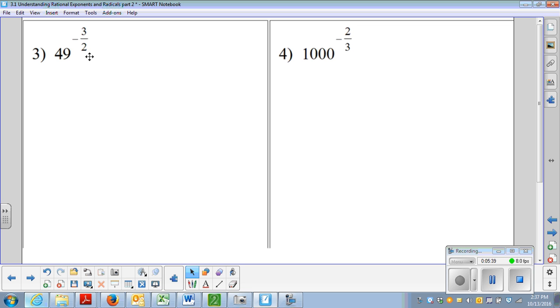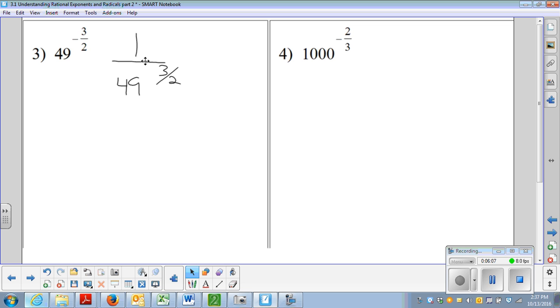Okay, so the first thing we want to do is rewrite the expression, but because this exponent is raised to the negative power, we're going to drop it below 1. Okay, so now we have 49 raised to the 3 over 2, 3 halves.